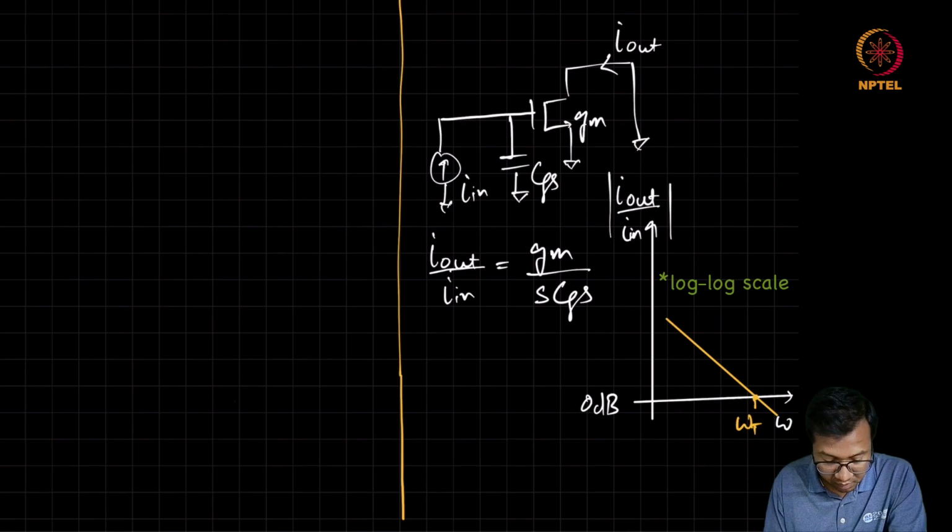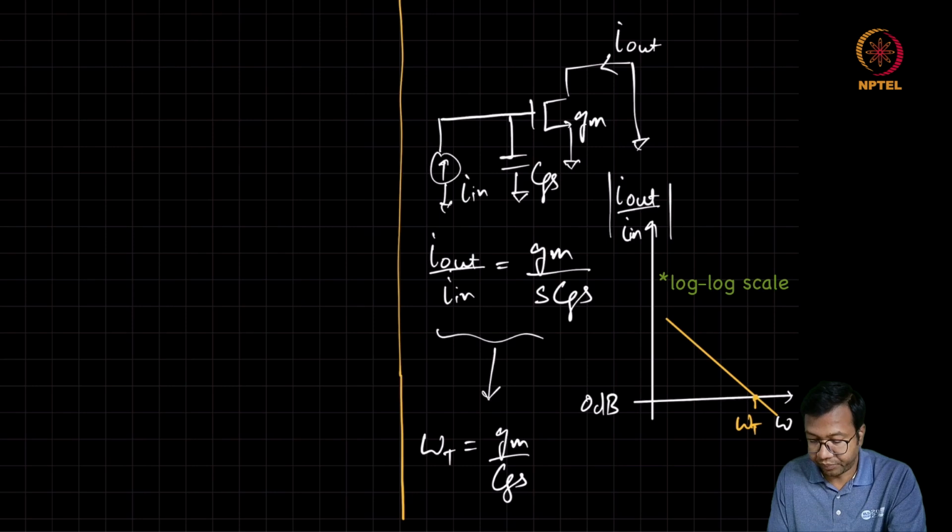This is very easy to see from here. You can see that at omega t, this current gain becomes 1 and this frequency will be Gm by Cgs. This is also called the transit frequency.